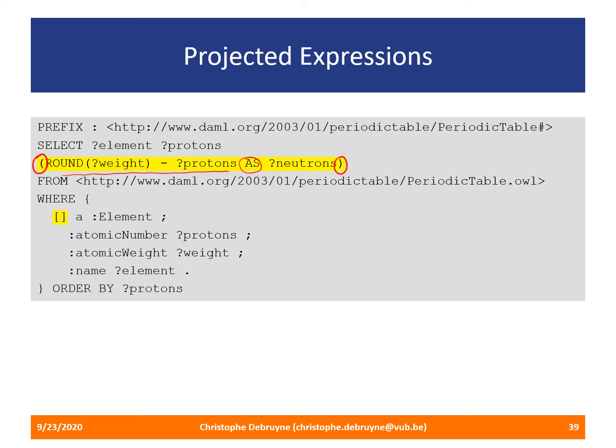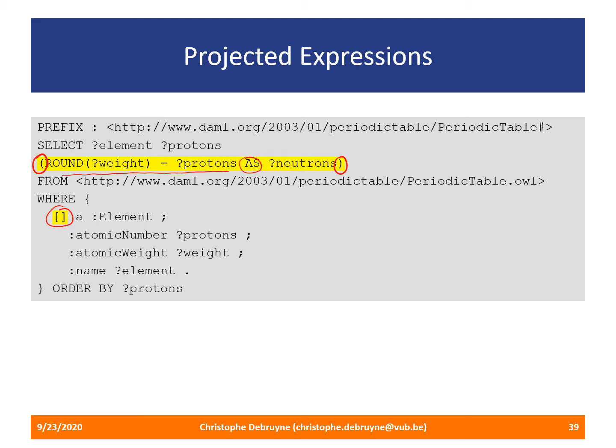Another feature that I wanted to show here is the use of unnamed variables. The syntax is similar to the blank node syntax of Turtle, but this basically means we're looking for something, but we don't want to assign it to a variable name.